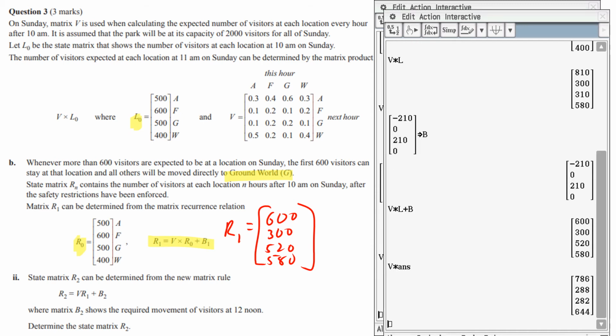So the next stage was to just multiply this part here, which is V times R1. We haven't worked out what B2 is yet, but if you look here, we've got 2 places that are more than 600. So the 186 from there must go into here, but also the 44 from here must also go into there.